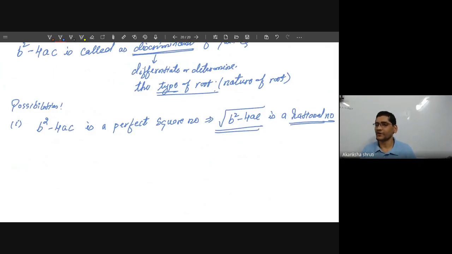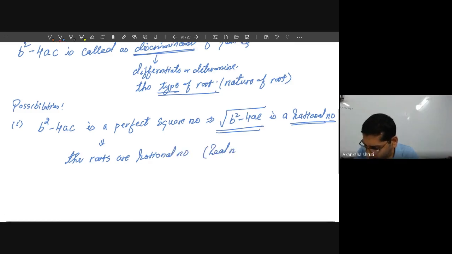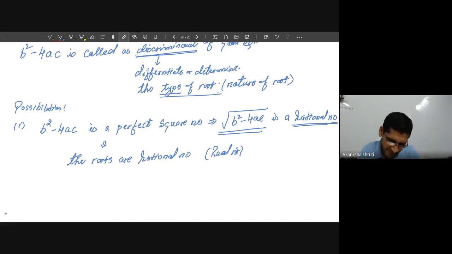Division of two rationals is also a rational number, in the form p by q. So this implies the roots are rational numbers. Rational numbers are also real numbers, because real includes both rational as well as irrational.